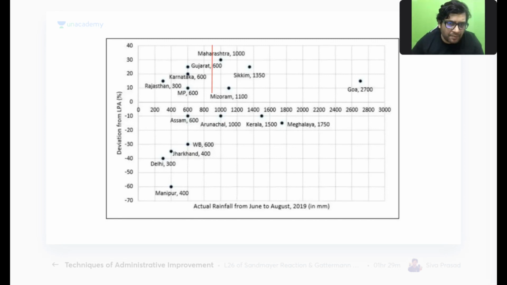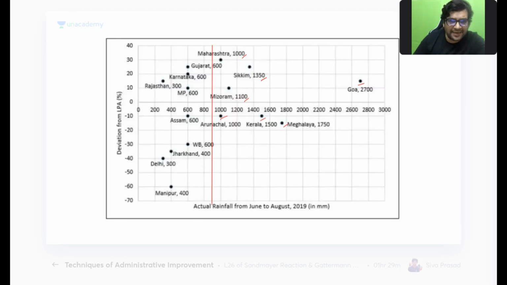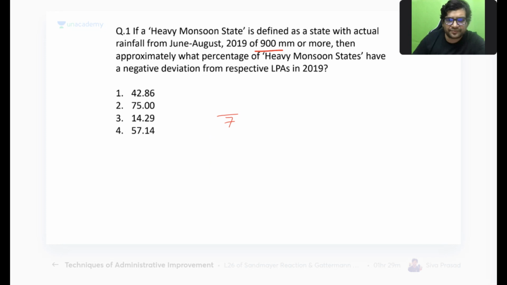So anyone who is on right side of this, so that is Maharashtra, Sikkim, Mizoram, Goa, Arunachal, Kerala, Meghalaya. So there are 7 states in total who are on the right.